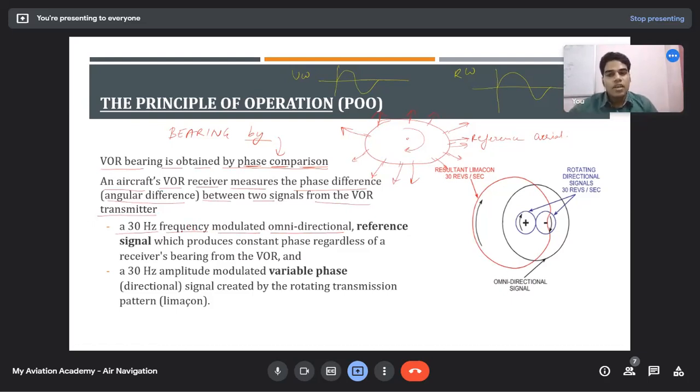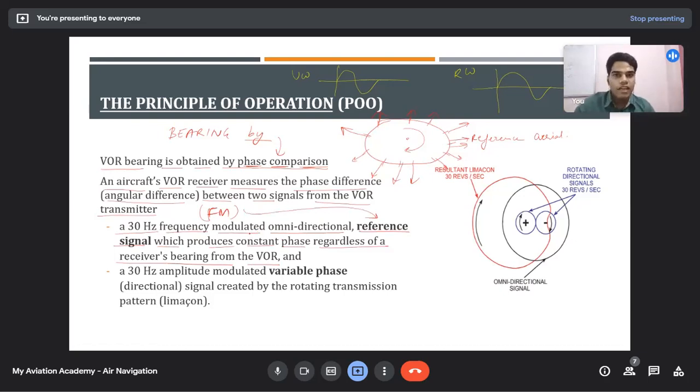Okay, it's a 30 hertz frequency modulated omnidirectional reference phase signal which produces a constant phase regardless of the receiver's bearing from the station, which is this. You can see the reference wave. In all directions, reference waves are sent. Okay, this is 30 hertz. So please remember that it is FM, or frequency modulated.